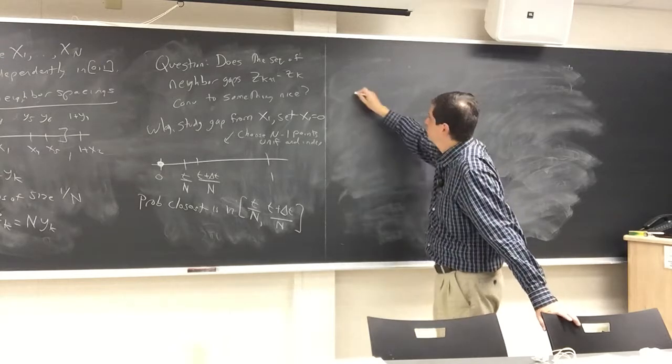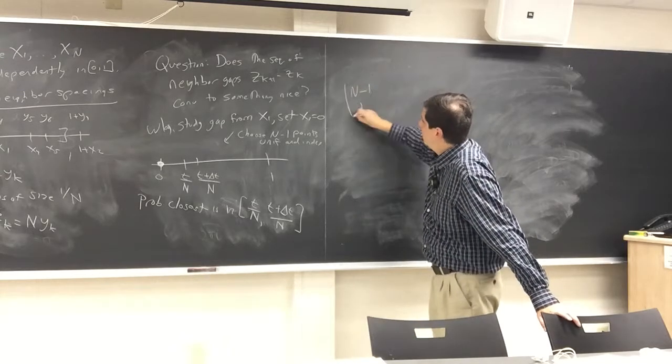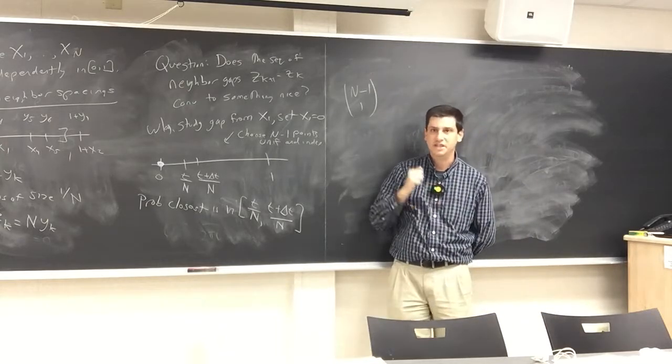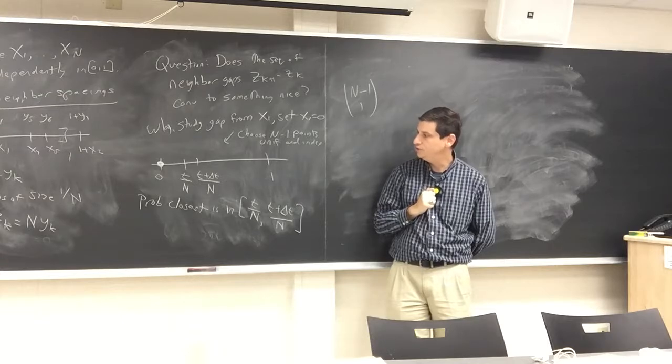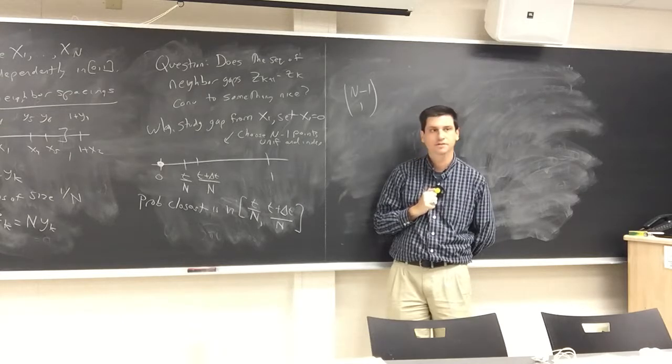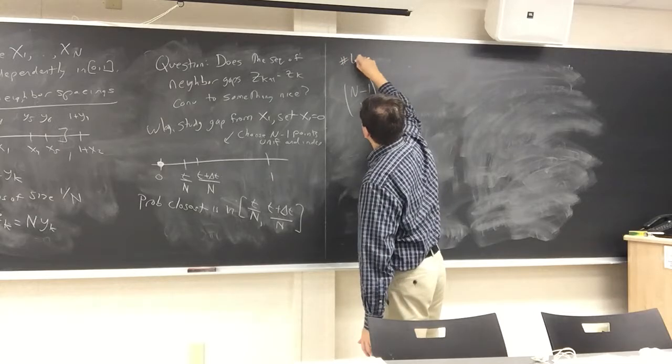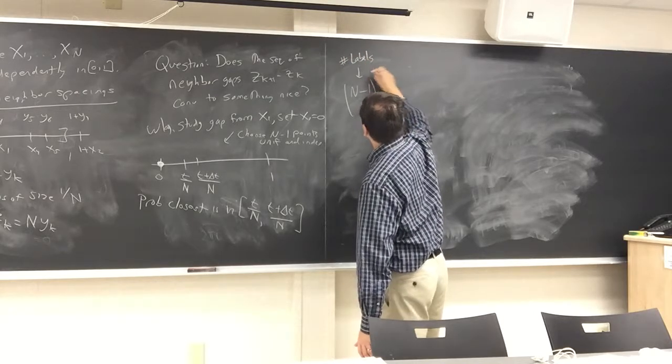We have n minus 1. Well, if you want n minus 1, choose 1. What's the probability that that special one is between t over n and t plus delta t over n? Good. This is the number of labels.